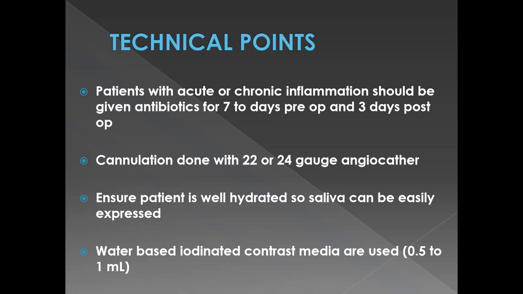All right. When you enlarge the orifice of the duct, then passing the angiocatheter into the duct becomes a little bit easier. All right. So once you do that, after that you can insert the angiocatheter.